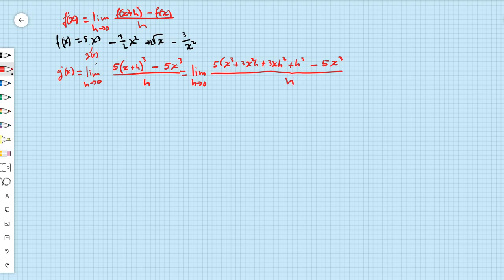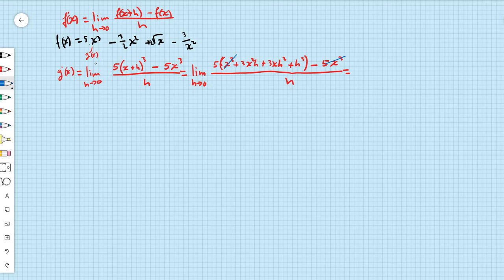All that over h. Now there's a parenthesis here, so the 5 multiplies these terms, and the 5x cubed and minus 5x cubed will cancel out.